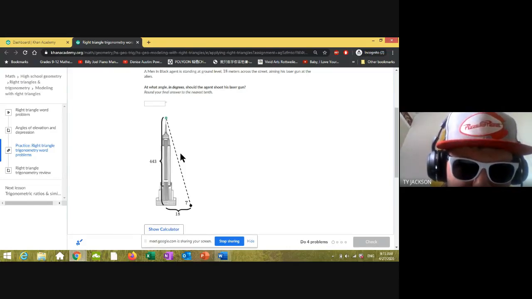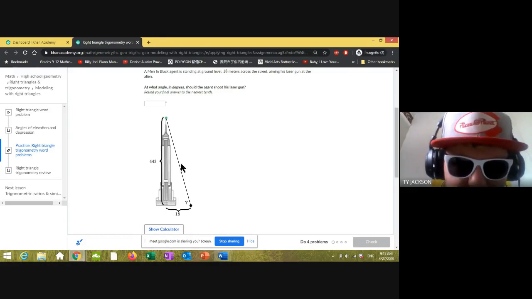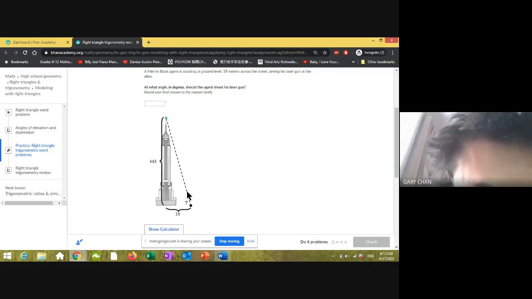At what angle in degrees should the agent shoot his laser gun? Round your answer to the nearest tenth. Okay, thank you. So we're looking for this question mark over here, okay? There's a person on this dot, and he's shooting all the way up to the tip of that skyscraper, okay? And you're given this horizontal, and you're given that vertical.